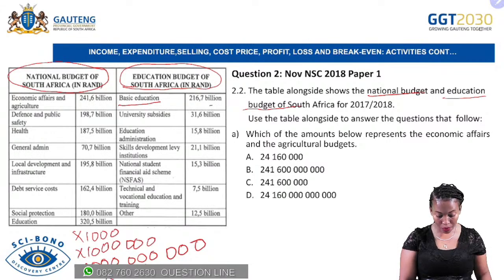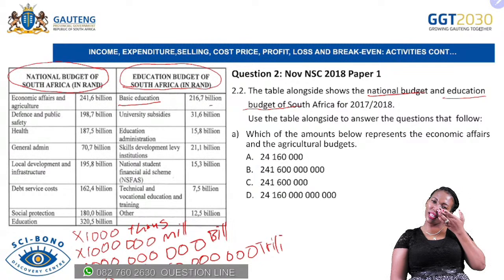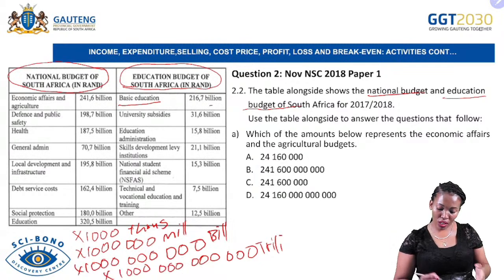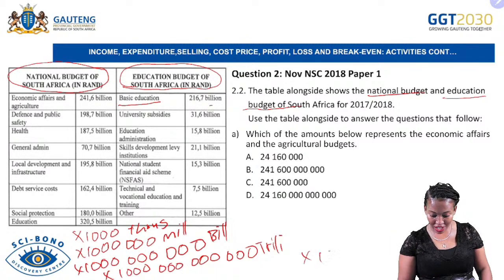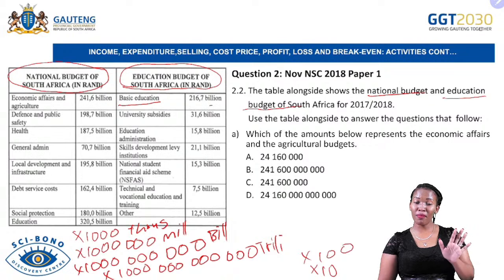So you know this is in thousands, this is in millions, this is billions, this is trillions. The same with hundreds: when they say hundreds, you are going to times by 100. When they say tens, you are going to multiply by 10. You just make sure that you are sharp and you know your story.